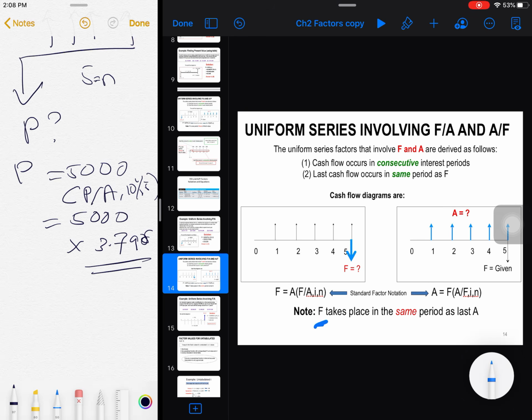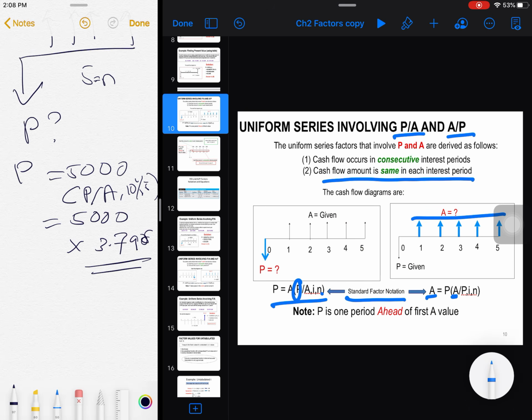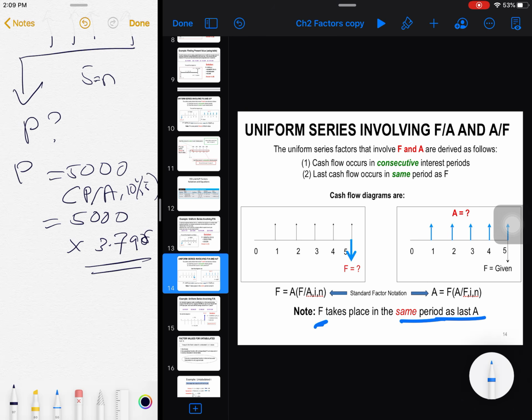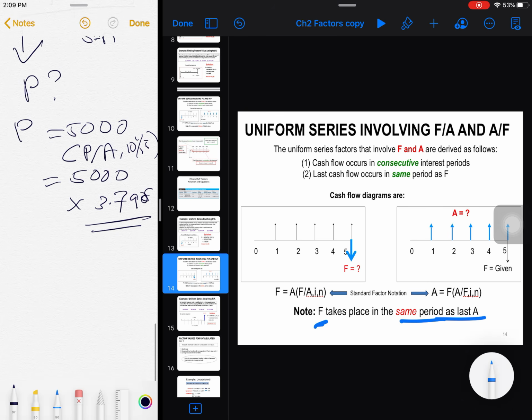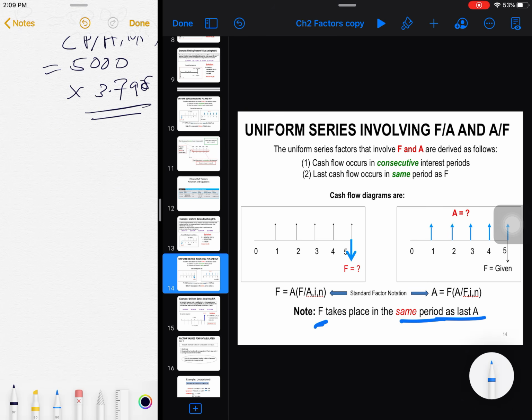F takes place in the same period as the last A, as compared to P, which is one period ahead of the first A. You can see that? We only start P at 0; we never start P at number 1. That's what it means. Be alert about these differences.